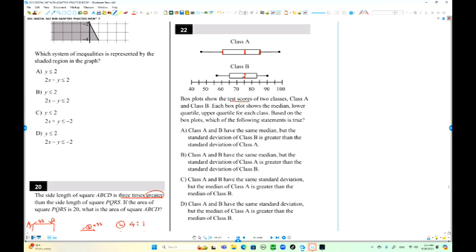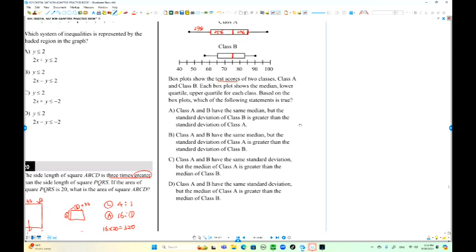Average we don't know, right? Because the data is not given. Just 25% of the data here, another 25% here, another 25% of data over here, right? So we don't know the exact number of data, right?